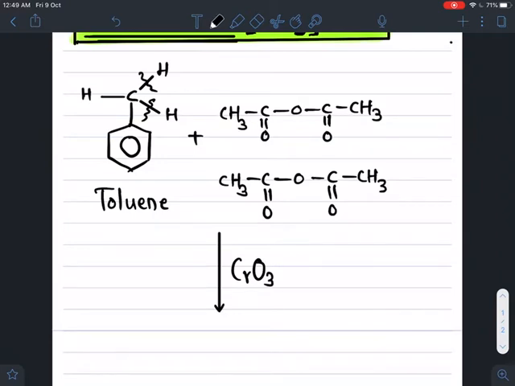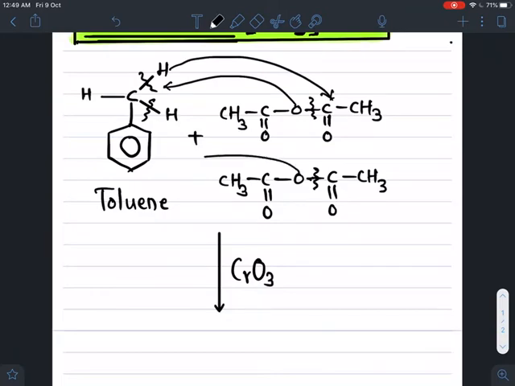During this, the bond between carbon and oxygen in the acetic anhydride breaks homolytically. So this hydrogen is replaced, and this carbon is bonded with the COCH3 group.